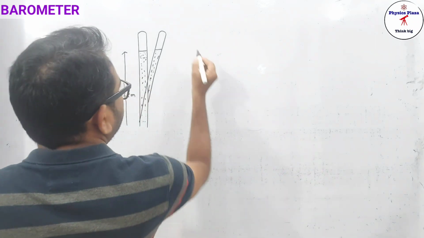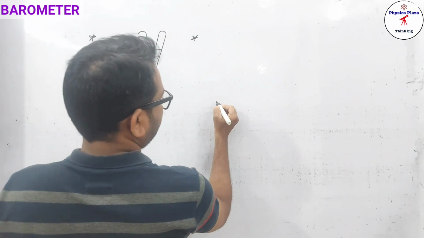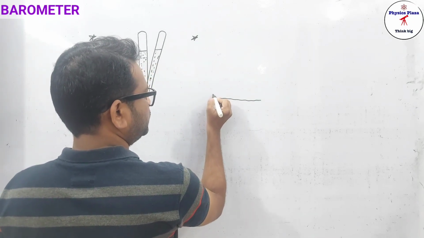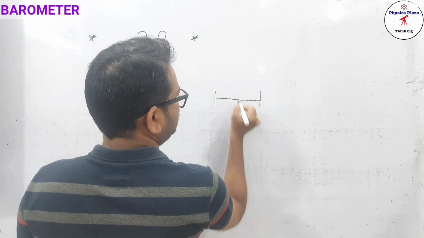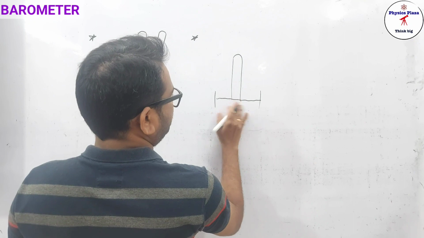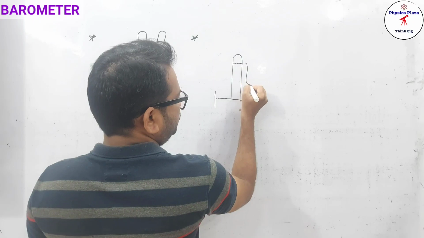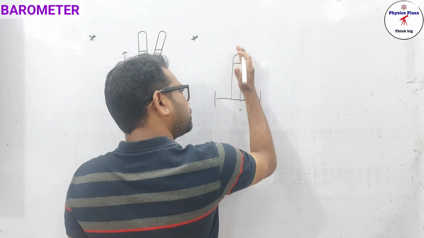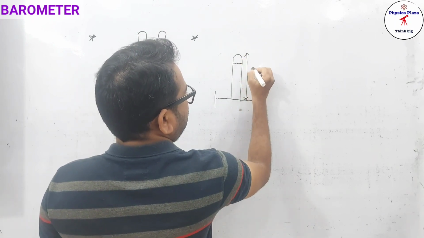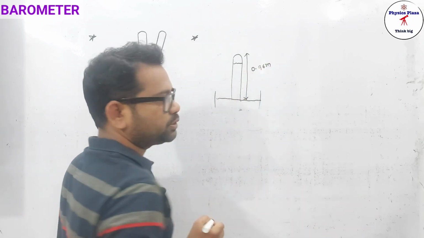Okay, fine. Now one more important point. Suppose this is the mercury in the trough, and this is our mercury tube, the simple barometer tube. Let us say the whole height, from here to here, is 0.96 meters.